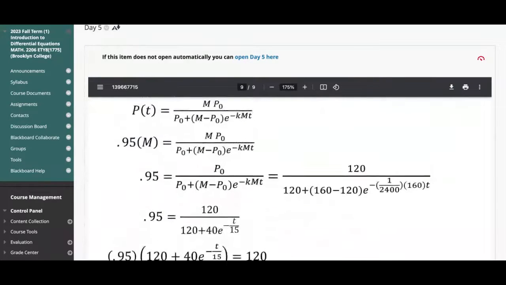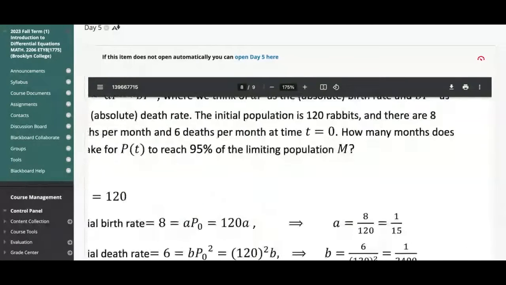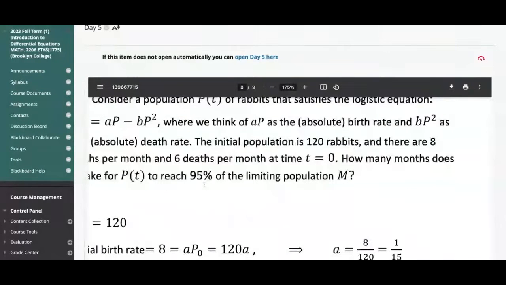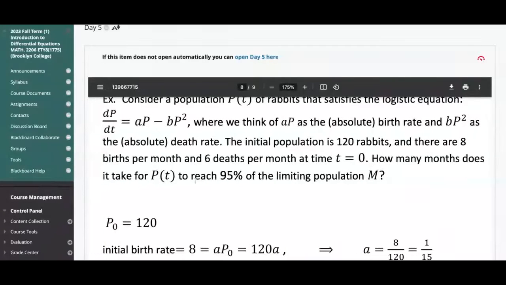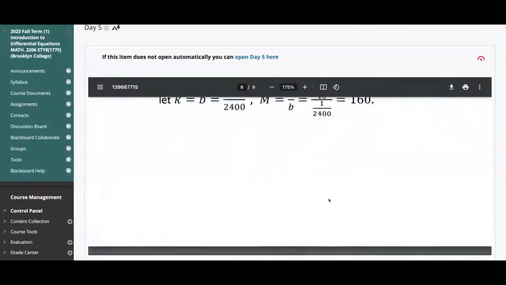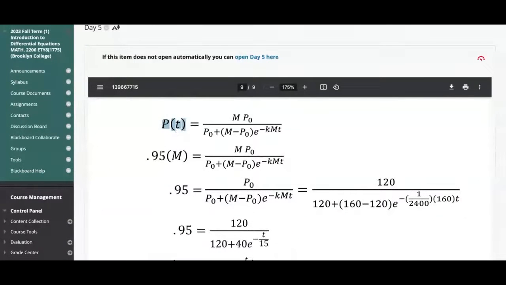Just plug in all those values. Because what do we want to find? We want to find how many months, the time T, it takes for the population to reach 95% of the limiting population M, 0.95 M. So the population reaches 95% of the carrying capacity.